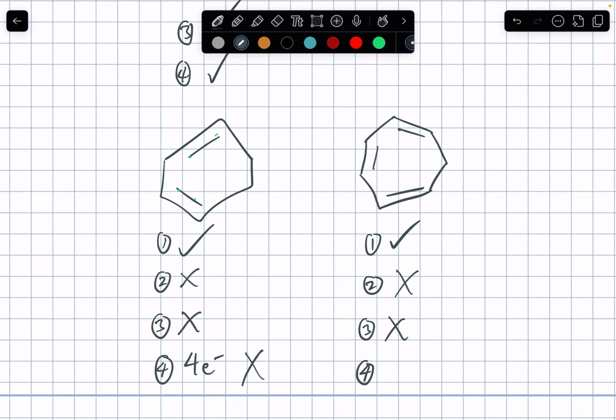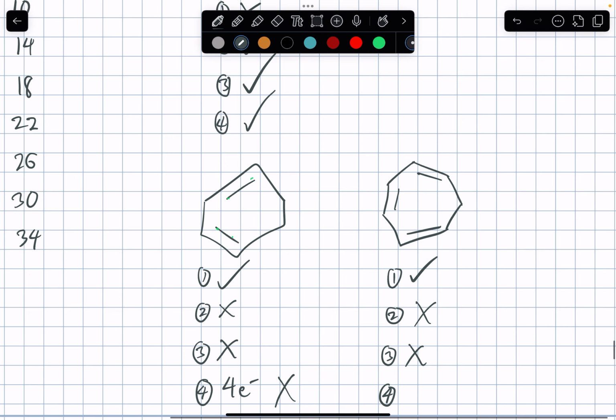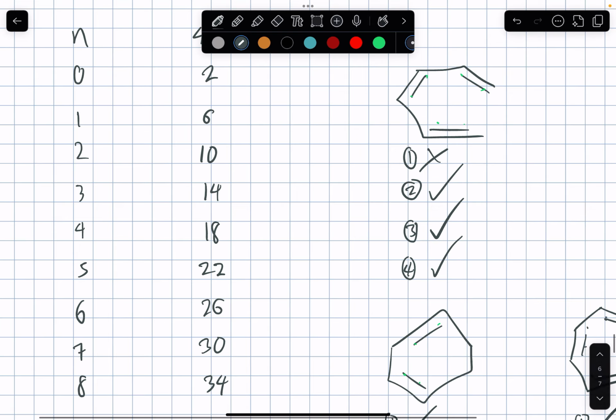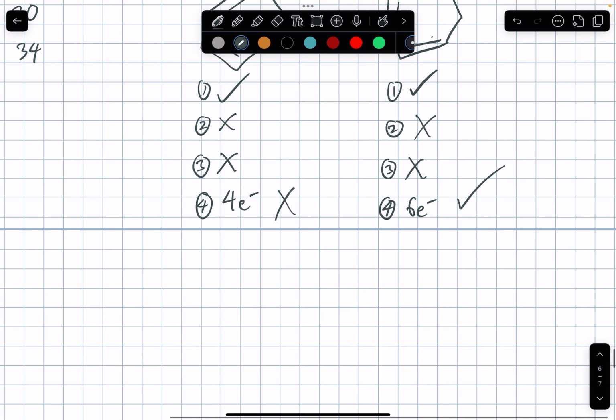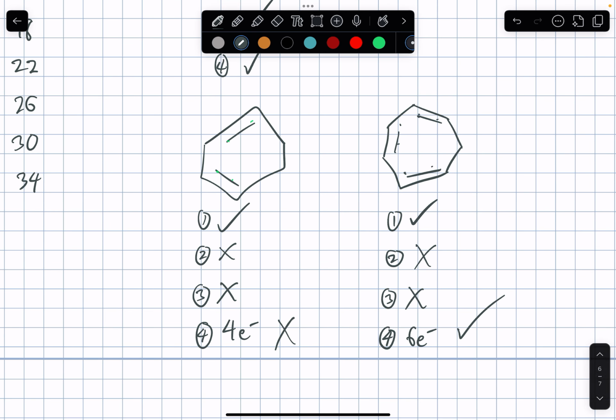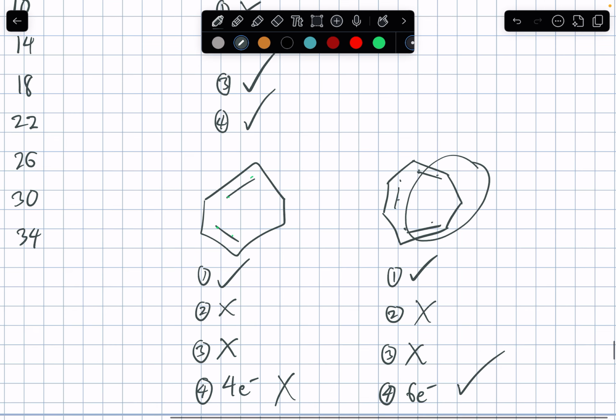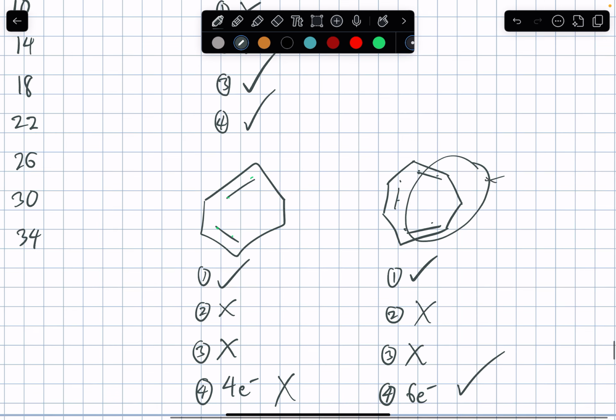So that alone will already tell you that this compound isn't aromatic. But let's see if it satisfies Huckel's rule. 1, 2, 3, 4, 5, 6. 6 electrons, that is in the list, so it does satisfy Huckel's rule. But nevertheless, this is not aromatic.